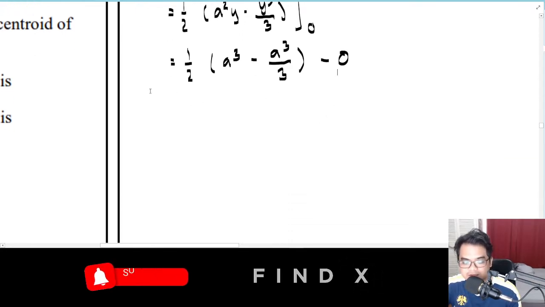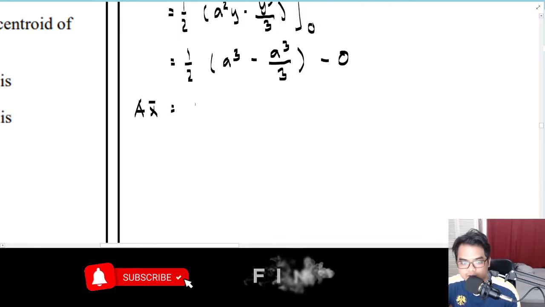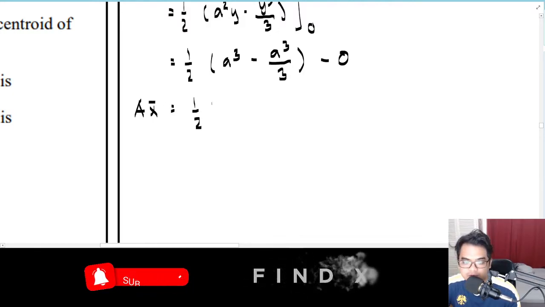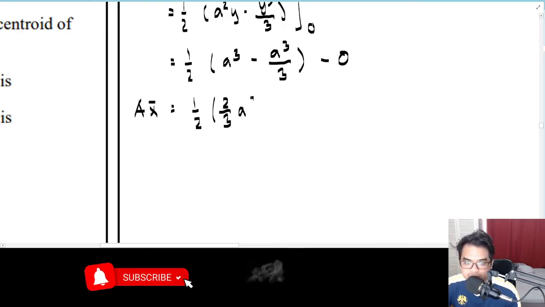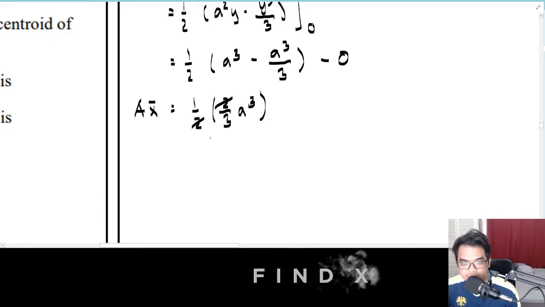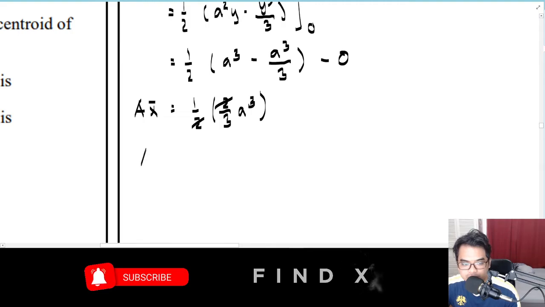Simplifying that, again, this is a x bar, and then 1/2. Simplifying, you'll have 2/3, that's a cubed minus a cubed over 3, that's 2/3 a cubed. As you can see, we can cancel out this, so we'll be left with 1/3 a cubed.